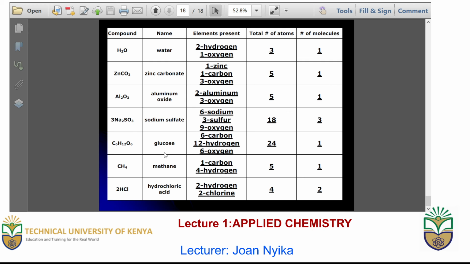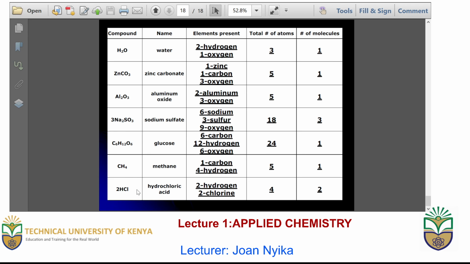Look at the case of what we commonly know as glucose. Glucose has 24 atoms: 6 carbon atoms, 12 hydrogen atoms, and 6 oxygen atoms, in a ratio of 1:2:1. Remember, we said chemical formulas, apart from representing the subscripts and coefficients, also represent the ratio of a given compound, in this case glucose.